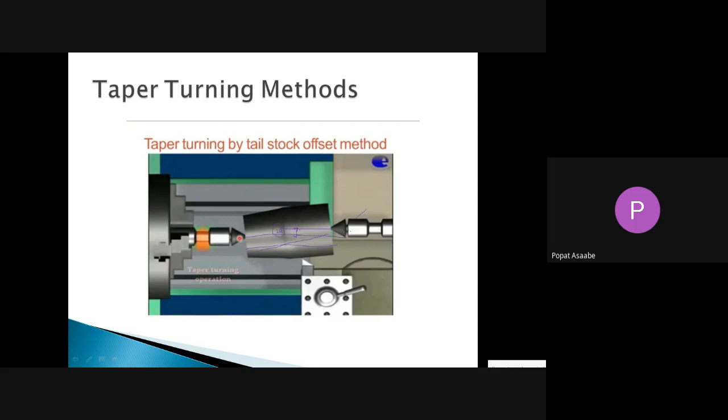Then we hold your workpiece between both the centers, so that it will be located in an inclined position, and then we give the feed with the help of the single point cutting tool, so that this taper will be produced. So our first step is to find out the tailstock offset distance.